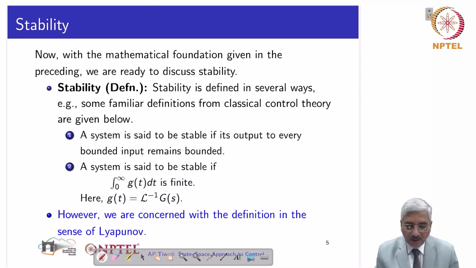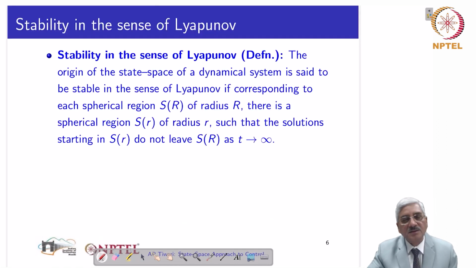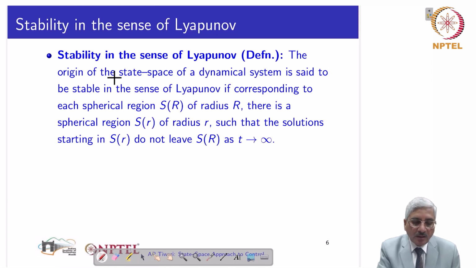However, as I said in the introduction in the previous lecture, we are more concerned to learn and understand stability in the sense of Lyapunov. So we define stability in the sense of Lyapunov. The origin of the state space is what we call stable. So the system is at the origin of the state space, and that is stable in the sense of Lyapunov. We define a sphere.